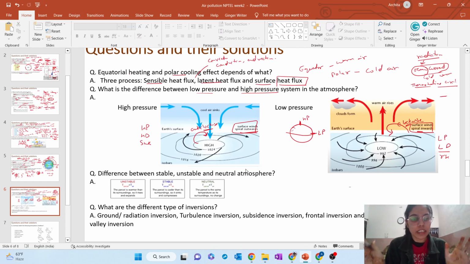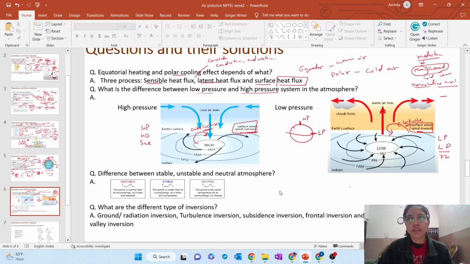So far we discussed the general circulation. We discussed how the change in pressure causes the movement of air, and how the flux affects the cooling and warming in the equator and the polar region. Now, when we see atmosphere, there are different types of atmosphere, right?